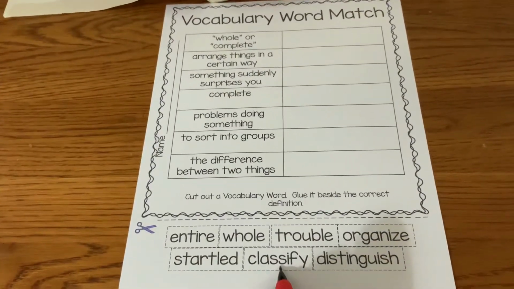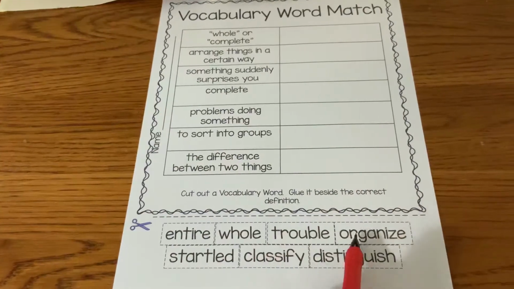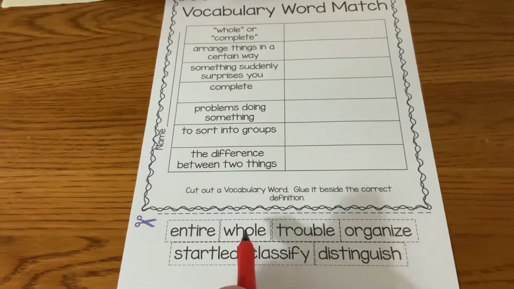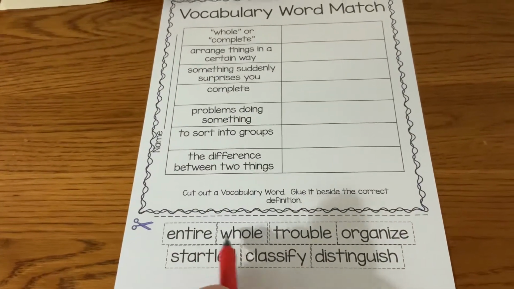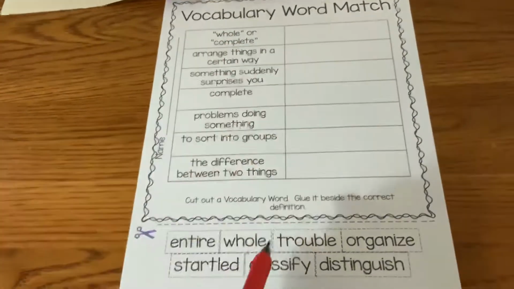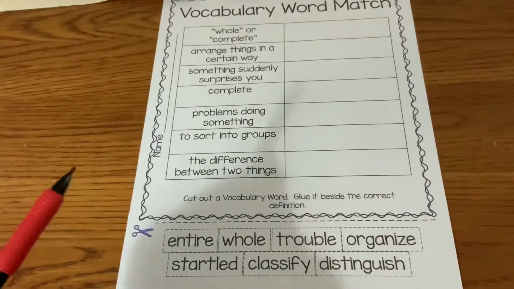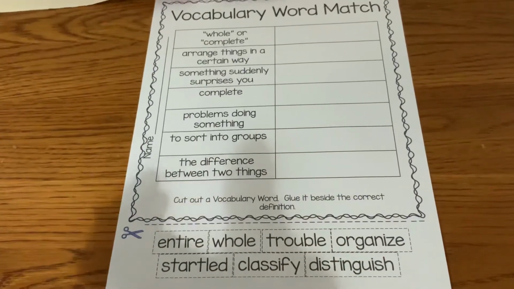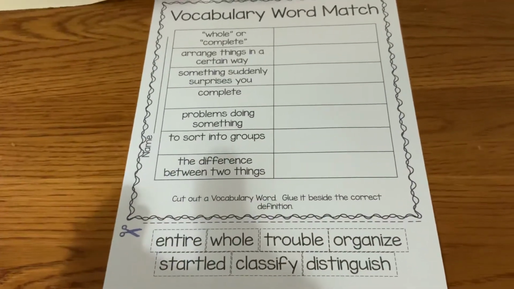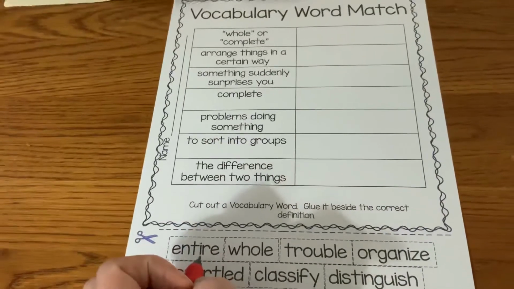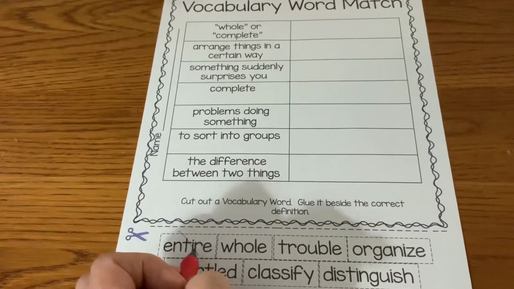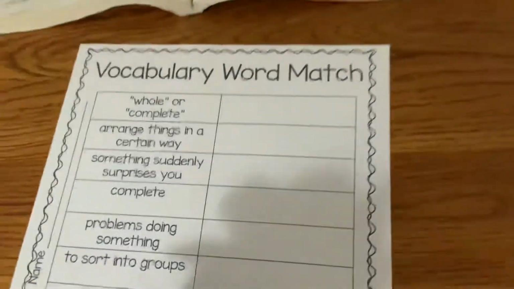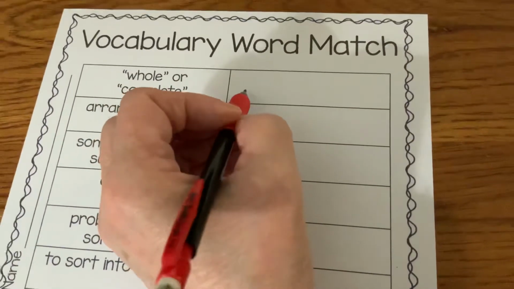It doesn't mean classify or startled or organize or trouble. Entire or whole. Do we say whole means whole? No. That's like saying supercalifragilisticexpialidocious means supercalifragilisticexpialidocious. It didn't give me any more of a clue, did it? So, whole or complete must be the entire thing. I ate the whole thing. I ate the entire.